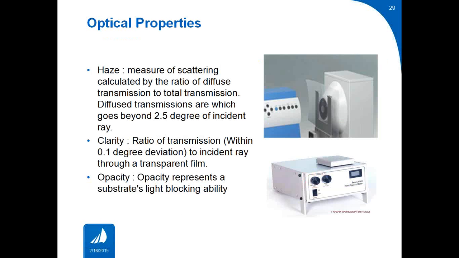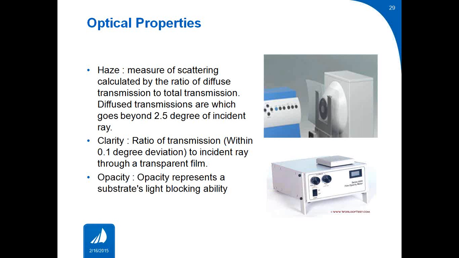Haze is how much a transparent film is diffusing light out. Please read this. People who are absolutely new, listening to these parameters for the first time, may find it a little difficult to absorb. This is what happened to me.